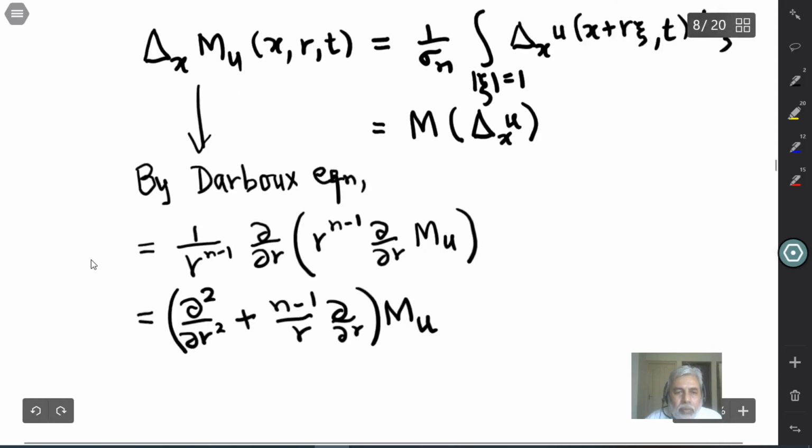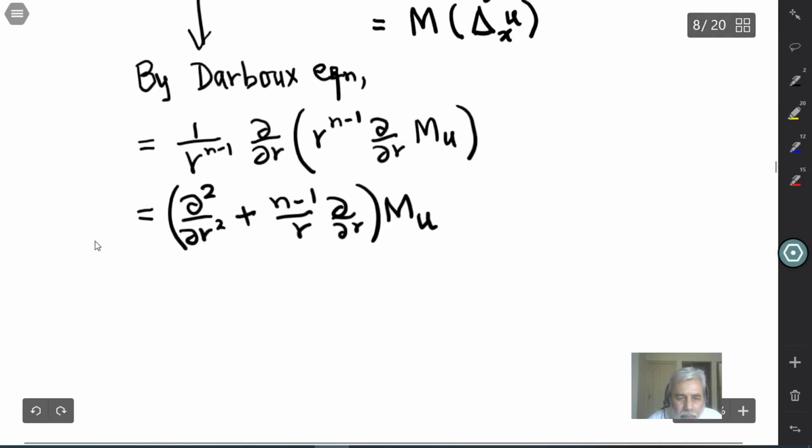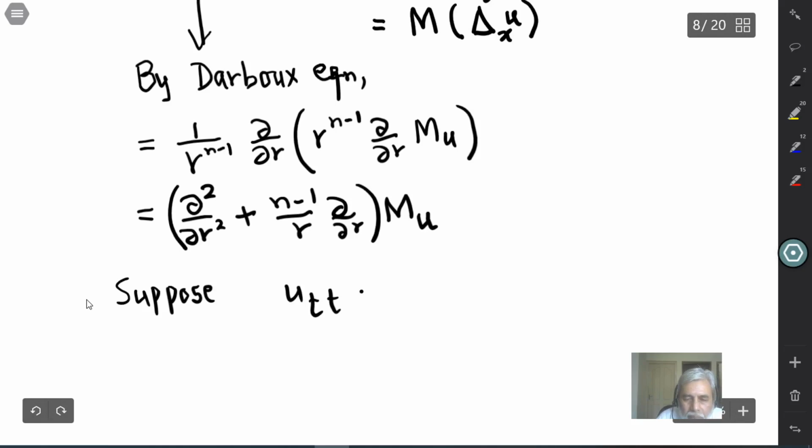Now suppose u is a solution of the wave equation, suppose utt minus c square Laplacian of u equals 0.